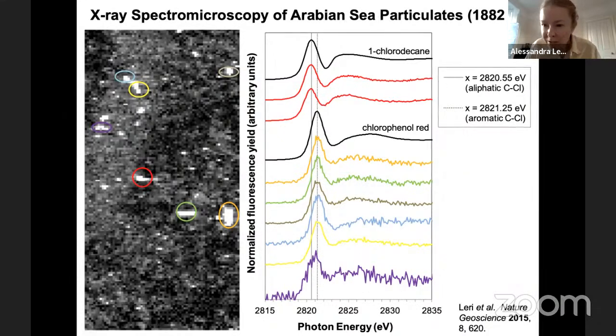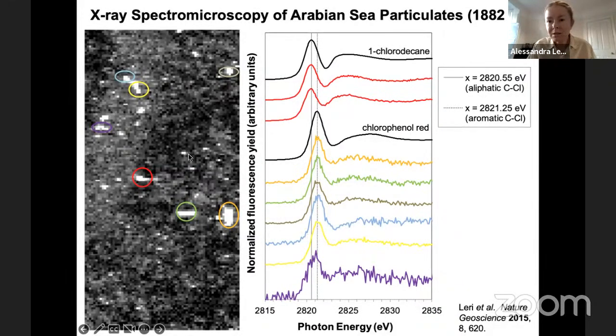And this was really illuminating about the difference between the different forms of organic chlorine, because this very, very hot spot showed aliphatic organochlorine with a very nice clean spectrum. Whereas the other hot spots were less concentrated. You can see the noise in the spectra, but all aromatic. And we can really tell that according to the energy of the absorption maximum there.